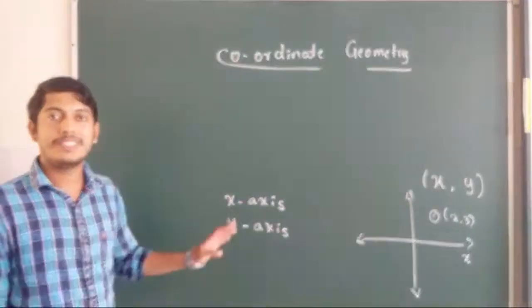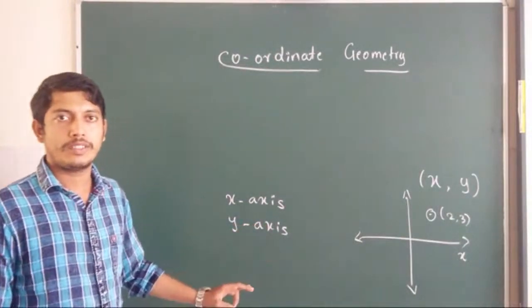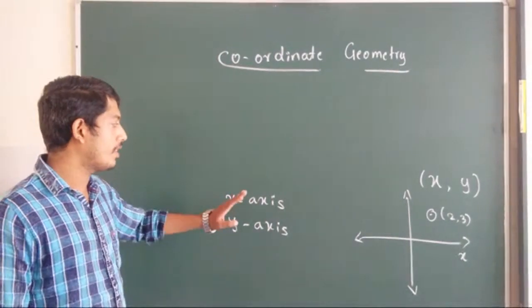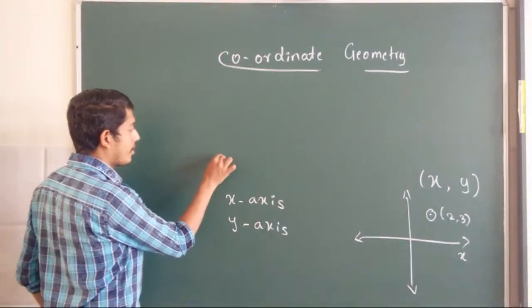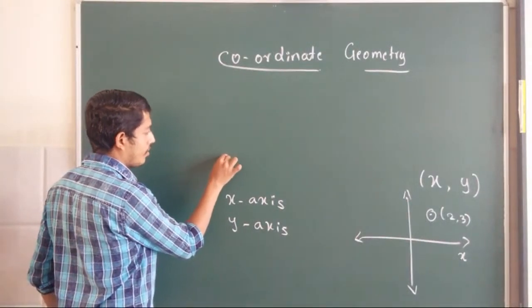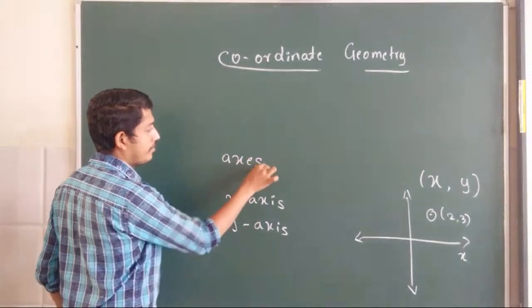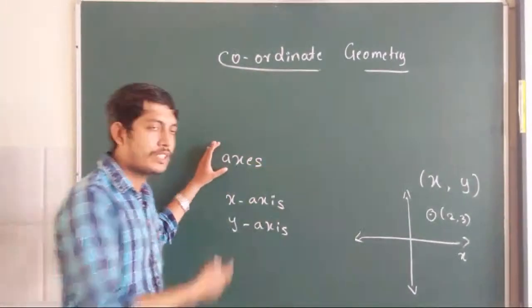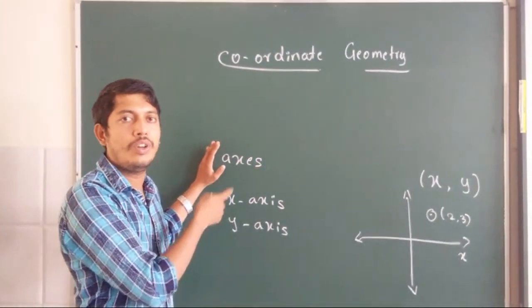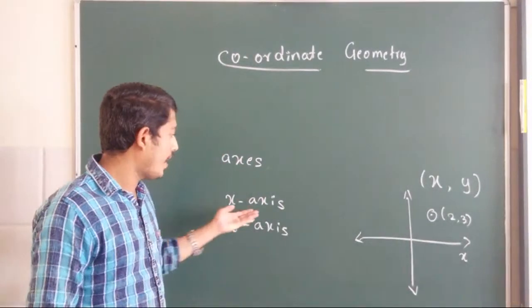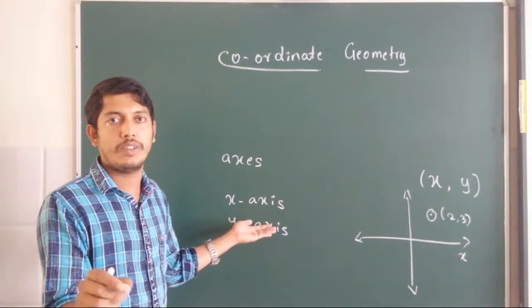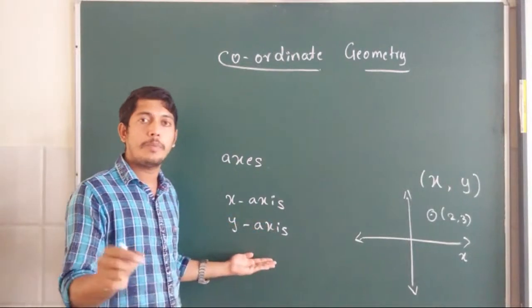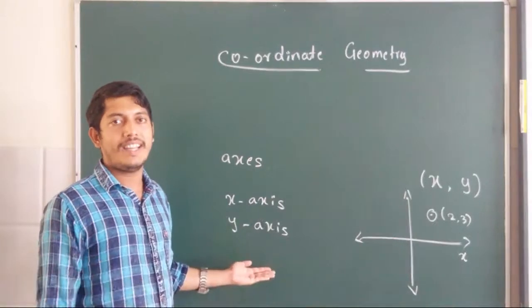If we want to represent coordinate points by using the x value as well as the y value, then we combine them and call that the xy axes, or simply axes. It consists of the x-axis value and the y-axis value. If we say x-axis, we have to represent the value present on the x-axis only. If we say y-axis, we have to represent the points present on the y-axis.